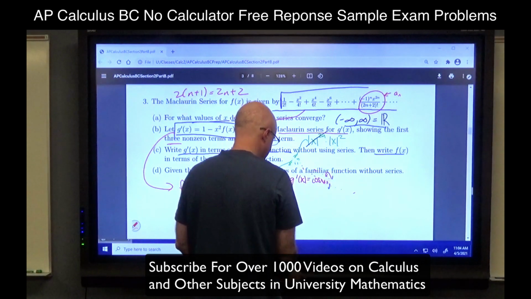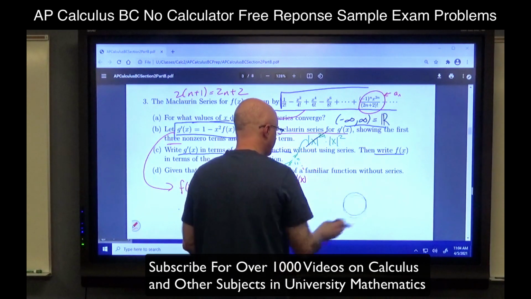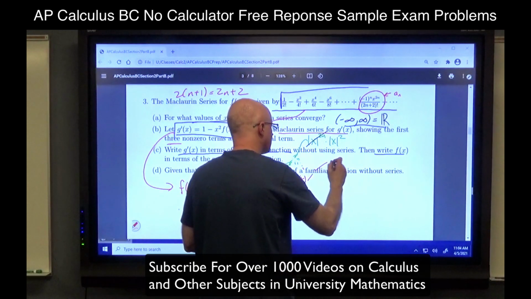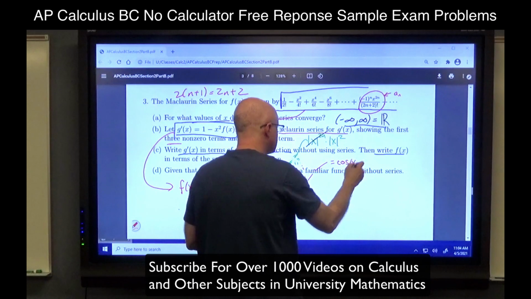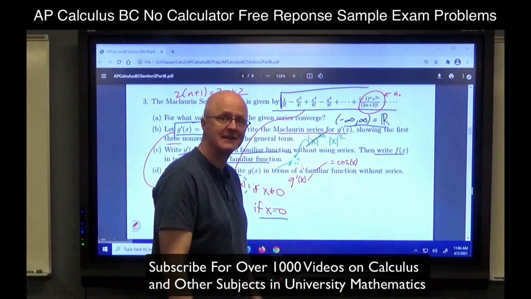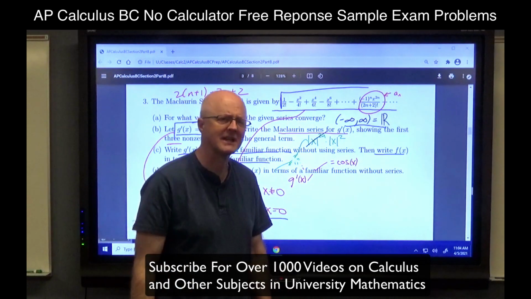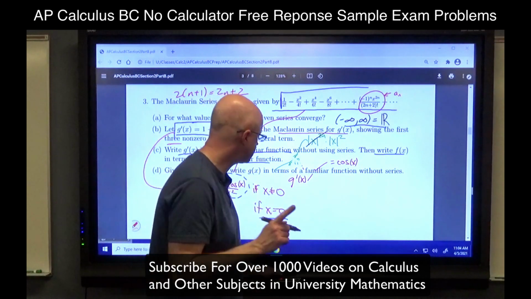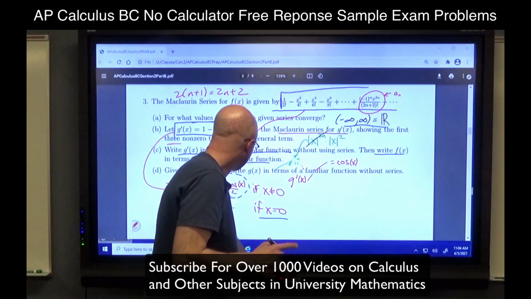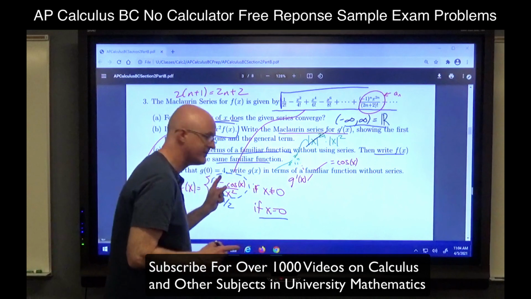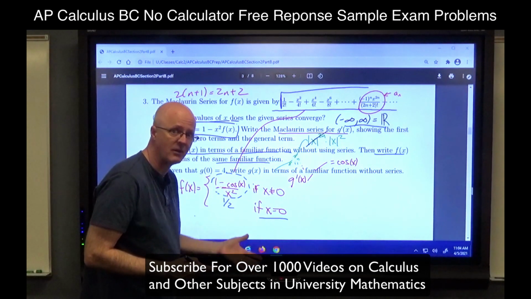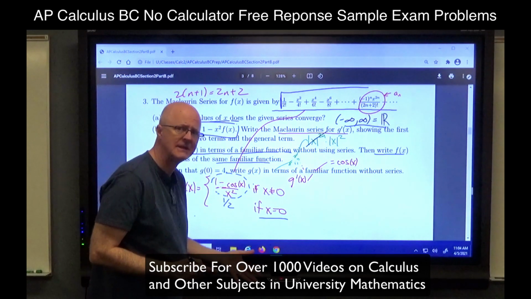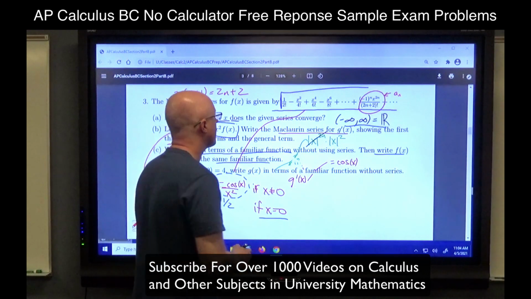It's a cosine of x. So g should be the integral of cosine. Sine plus c? Yeah, plus c. And you want to choose c so that g of 0 is 4. Now sine of 0 is 0, so the answer should be sine of x plus 4.